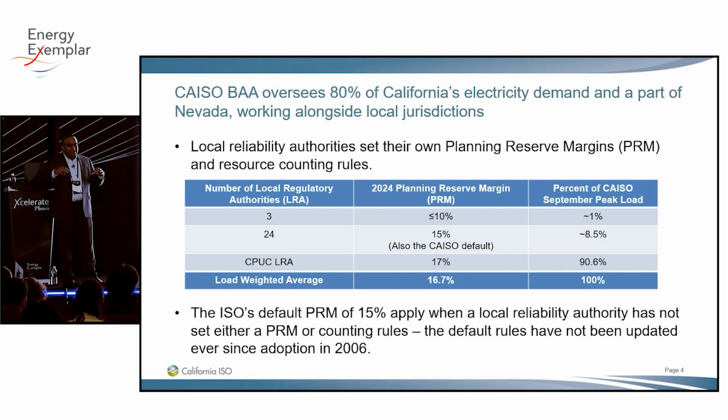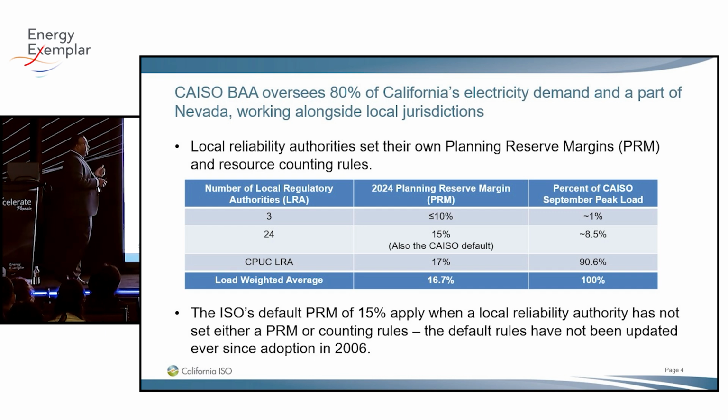My team tries to operationalize all of this and brings it together in the month-ahead time space. So at T minus 45, we get all of these different supply plans from all of these LSEs, each trying to meet their local regulatory authorities' requirements, applying their own counting rules. So we at the ISO have to understand the fleet's reliability that is provided overall.